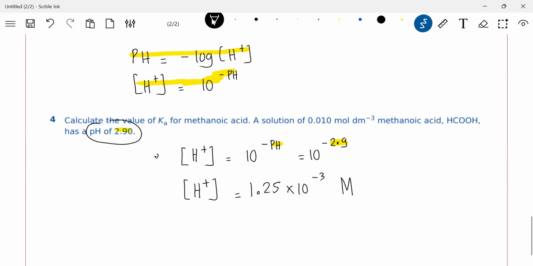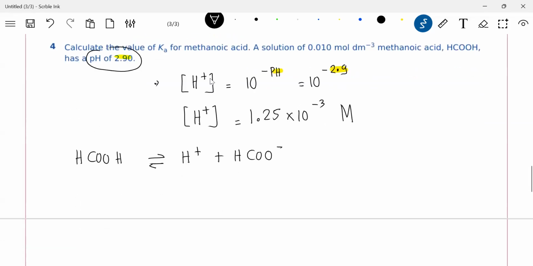Take a look. HCOOH can be written as a dissociation equation: H positive plus HCOO negative.